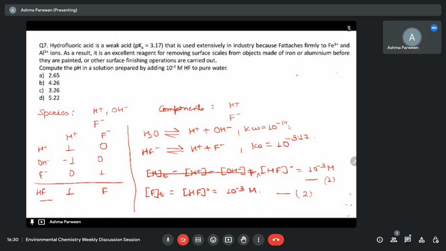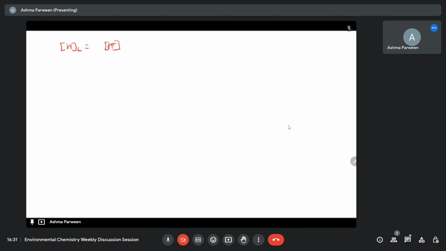So let's do this on a separate page. So H total will be H plus minus OH minus plus HF, because one HF will dissociate to give H plus and F minus.